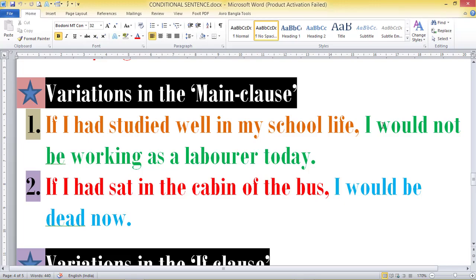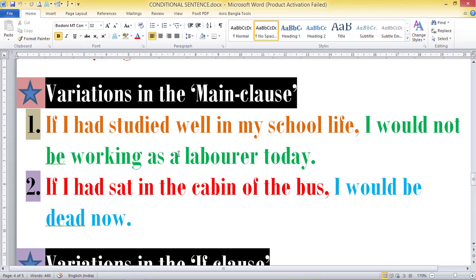Then you have used present continuous infinitive, that is be plus verb 1 plus ing. This is called present continuous infinitive. So if the situation demands, you can use another form of tense in the main clause in case of conditional sentence type 3.